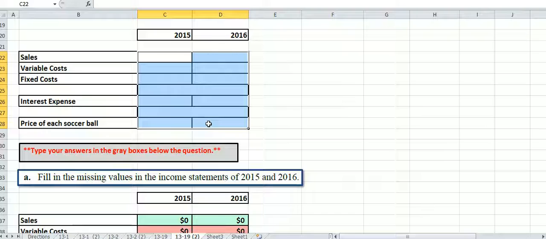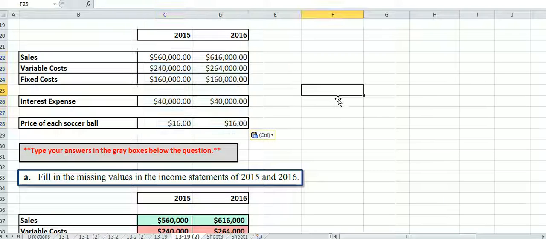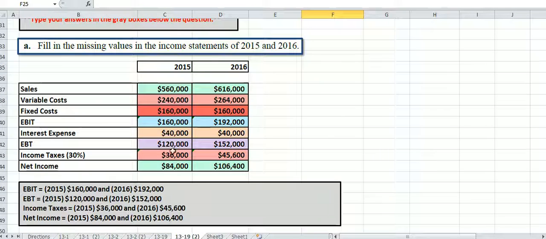It takes so long. Now once we've done that, you can see that fills in our missing values in our income statement. And if you want to look at this, you can see the formulas that I've put in up there at the top right, to actually calculate your earned income before interest and taxes, and then your earned income before taxes.